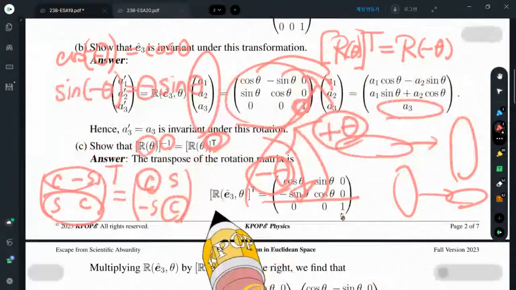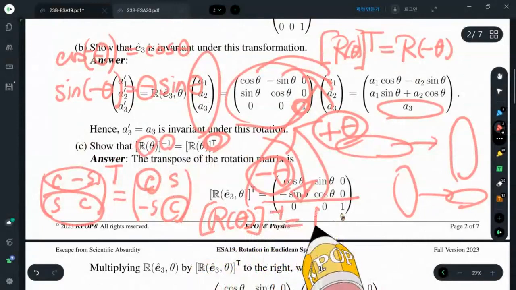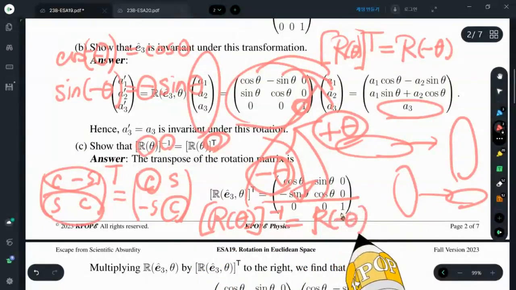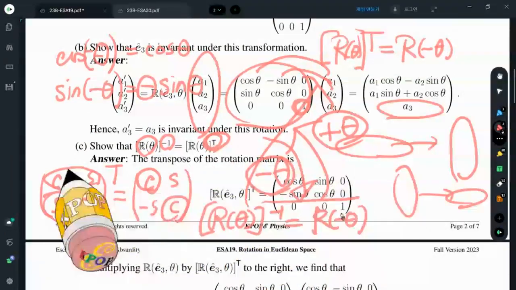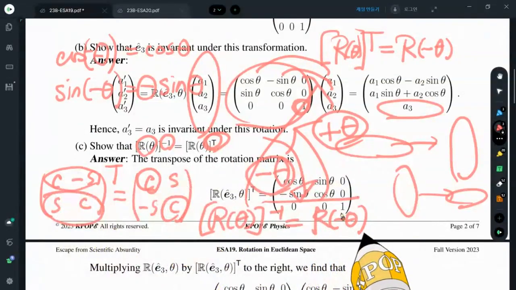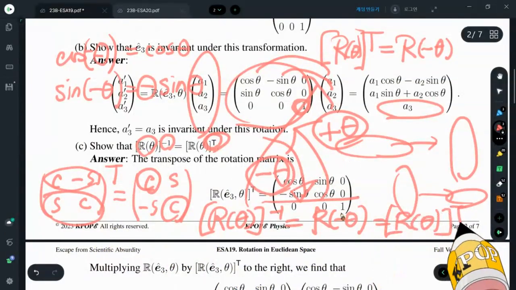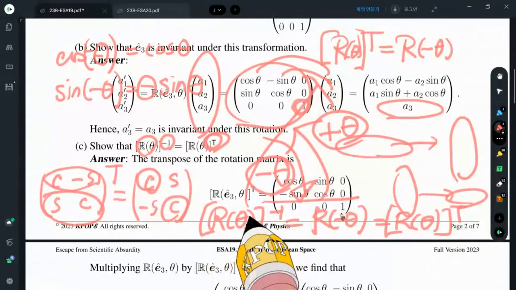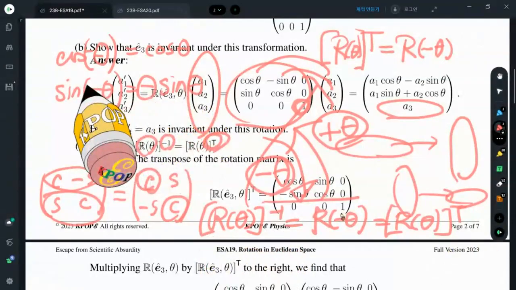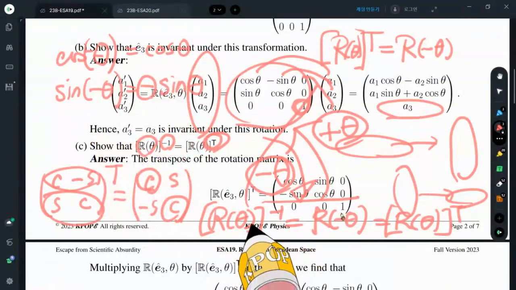This inverse, R theta's inverse is R minus theta, and R theta's transpose is R minus theta. So they are equivalent. So in many cases, if you learn mathematics, it is very awkward to compute the inverse matrix.